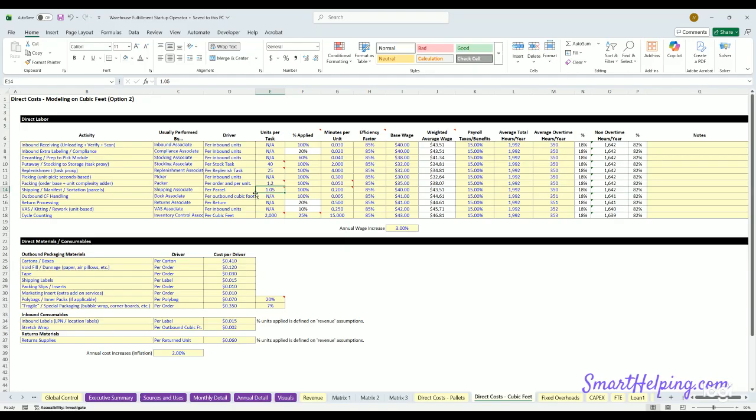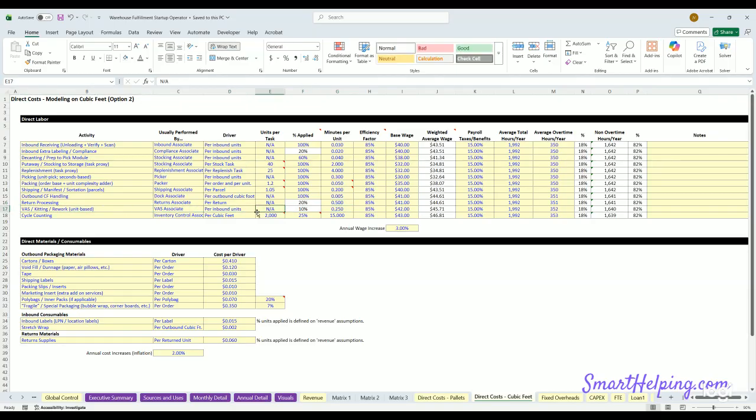So we're saying for every order there's 1.05 parcels, and then we're saying how many minutes per parcel it takes to get that ready to do the shipping. Outbound cubic foot handling, we have per outbound cubic foot, the amount of time per cubic foot. We have return processing per return, amount of minutes per return.